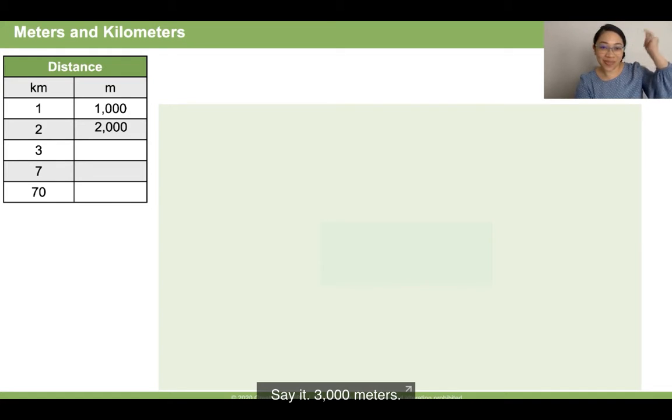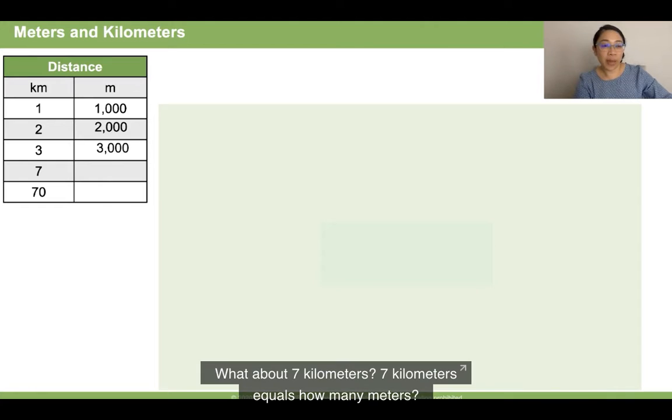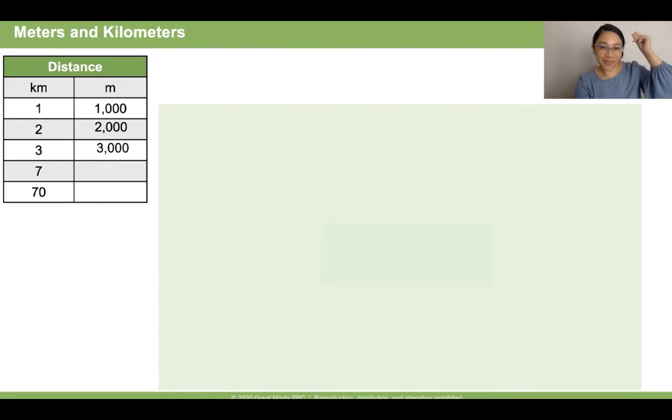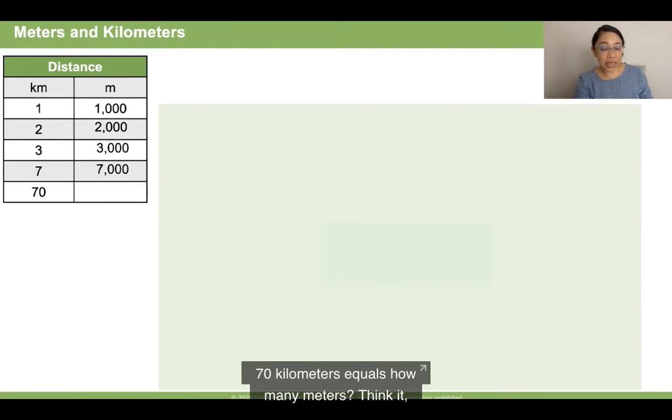Say it. 3,000 meters. What about 7 kilometers? 7 kilometers equals how many meters? 7,000 meters. Last one. 70 kilometers equals how many meters?